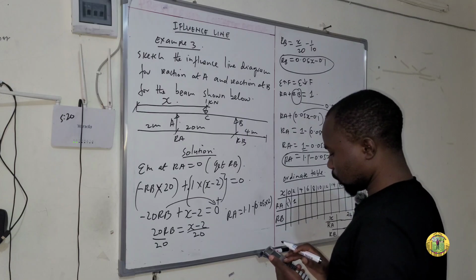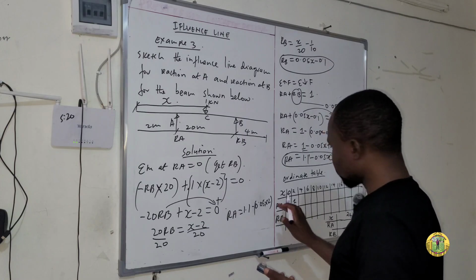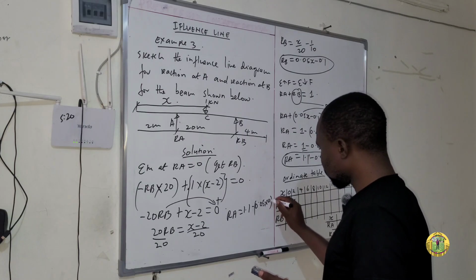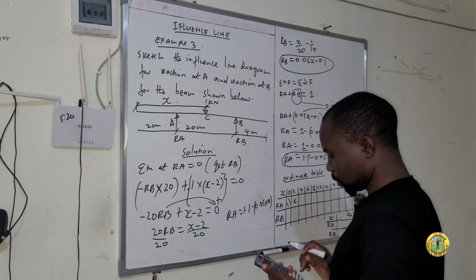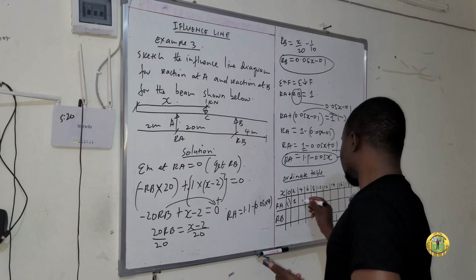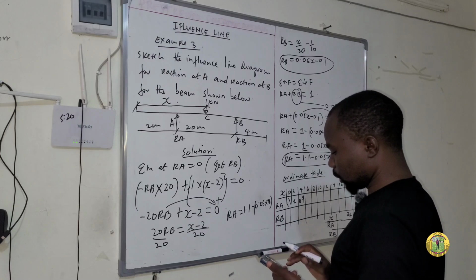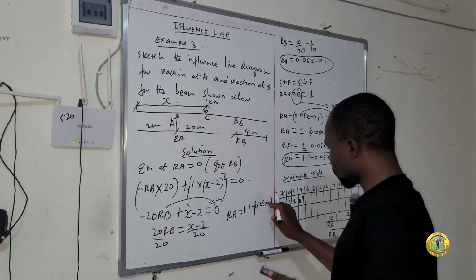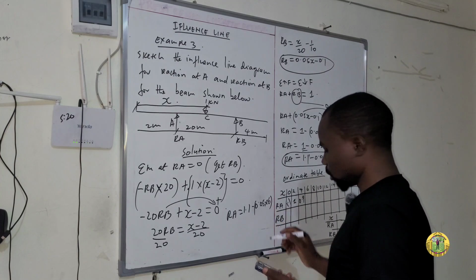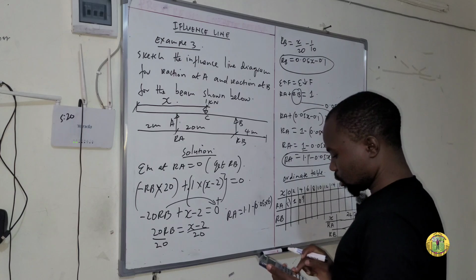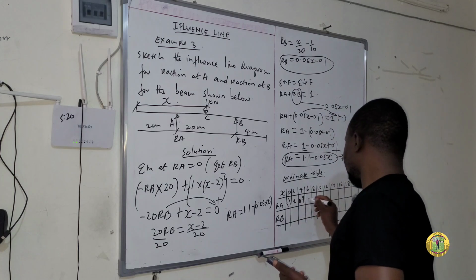Then replace 2 with 4. (0.9). Replace 4 with 6. 0.8.